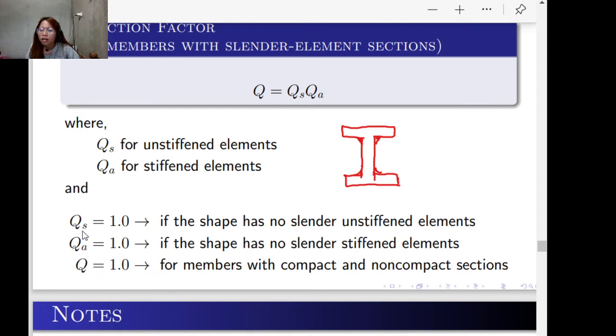So multiplying these, Q is equal to 1.0 for members with compact and non-compact sections and no slender elements. It is an unstiffened element but not slender, and a stiffened element but not slender. So that your Q is 1 times 1 equal to 1.0, also with compact and non-compact sections.